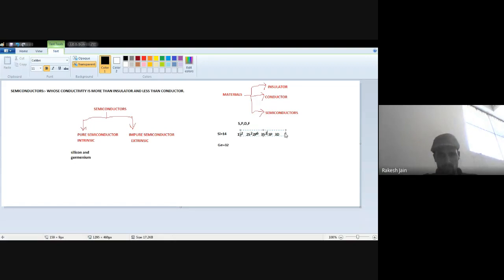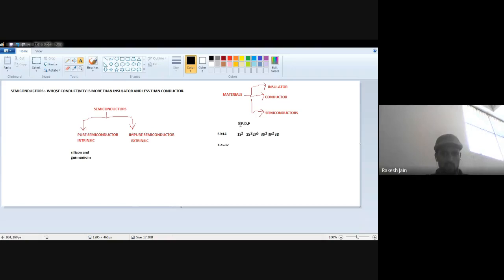Then 3s2 and 3p, whose capacity is 6 but holds only 2, because we only require 14 in total: 2 plus 2 plus 6 plus 2 is 12, then 2 more makes 14.